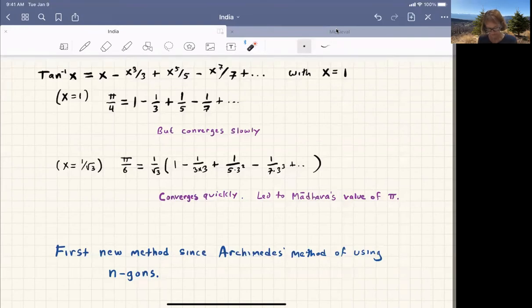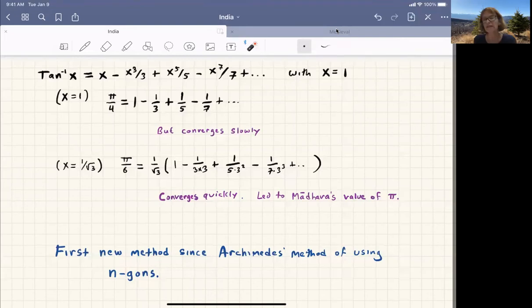Also, the tangent of pi over 6 is 1 over the square root of 3. And so when you do the inverse tangent and plug it into the formula, you get the desired result.